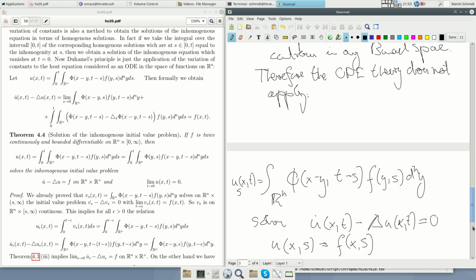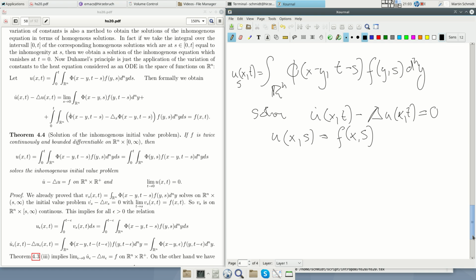Okay. And now we take the integral, like in that case, so we take ds, and this is now our function u of t.